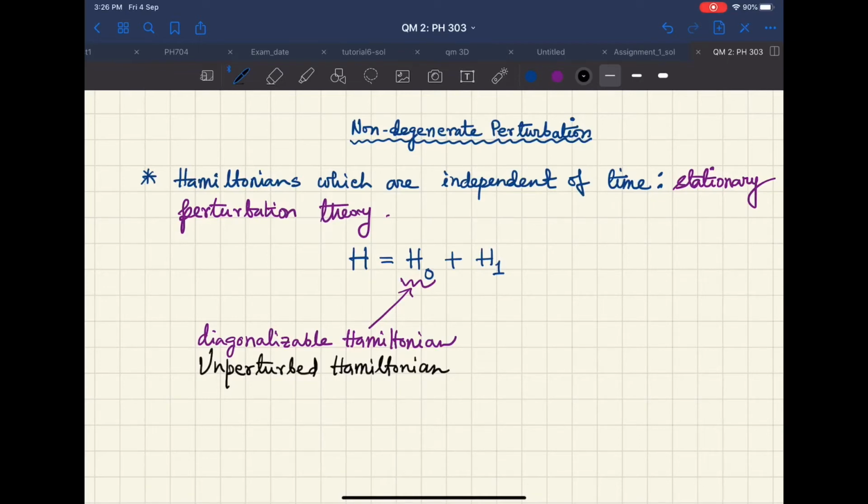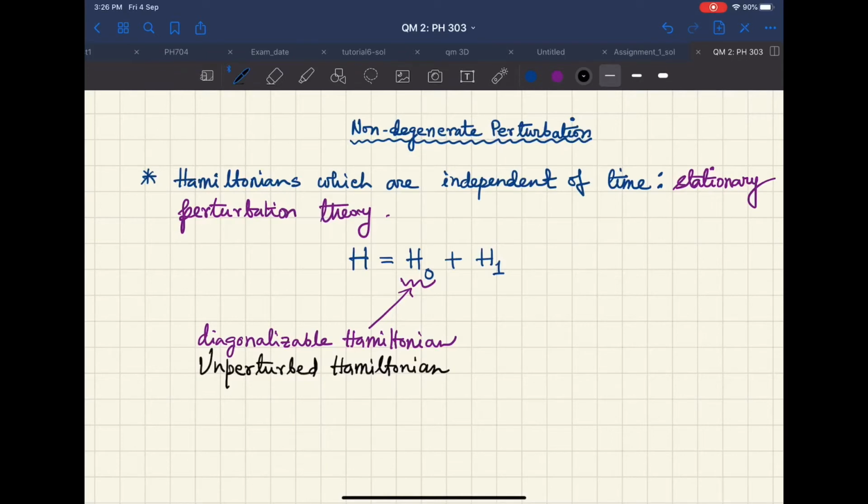So we have a Hamiltonian. Let us recall what we do in quantum mechanics. We first try to figure out what system we are dealing with, then we generally try to find out what the Hamiltonian is.